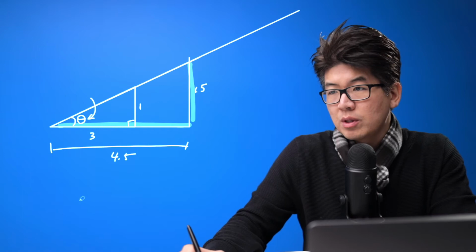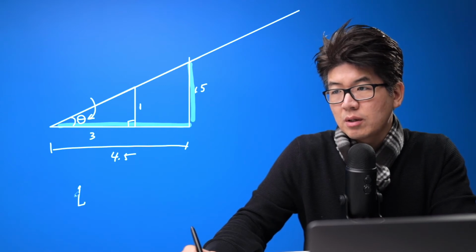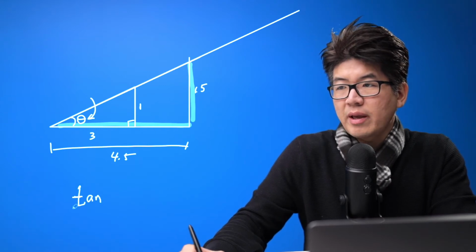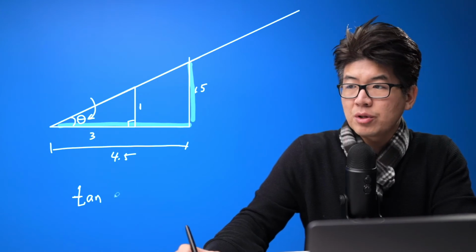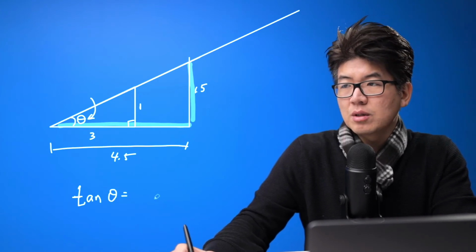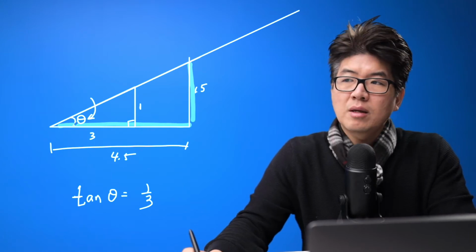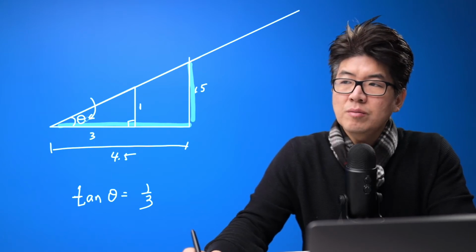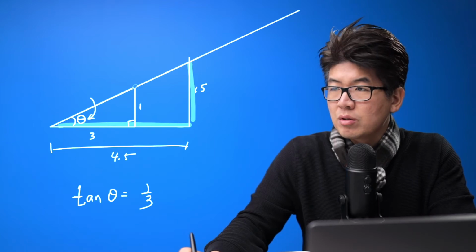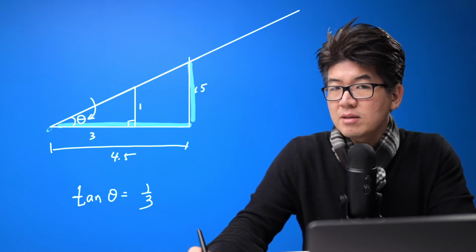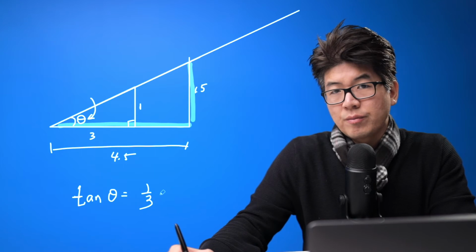Okay, so the way we denote that is the following. We say this word tan of this particular angle is equal to 1/3. So it's saying, given a particular angle, any similar triangle with this side over the base is 1/3.